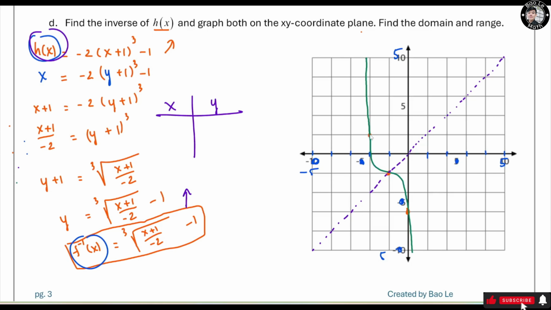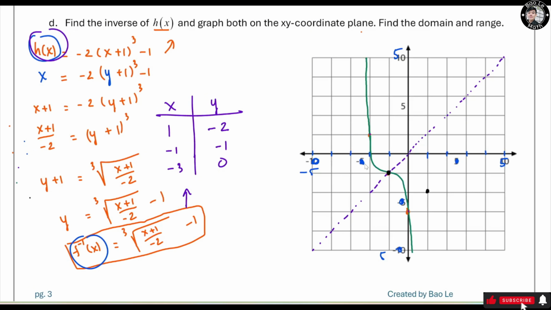This is (-2, 1) becomes (1, -2), right? This guy, (-1, -1) becomes (-1, -1), right? Same vertex, right? And this is (0, -3) becomes (-3, 0), right? So (1, -2) is going to be right here. (-1, -1) is going to be right here.